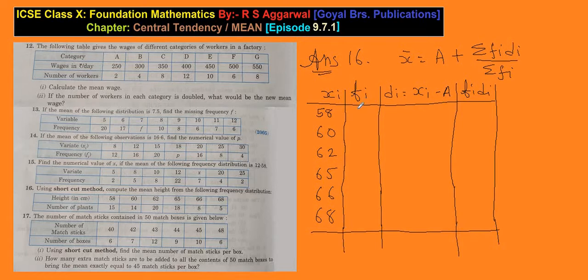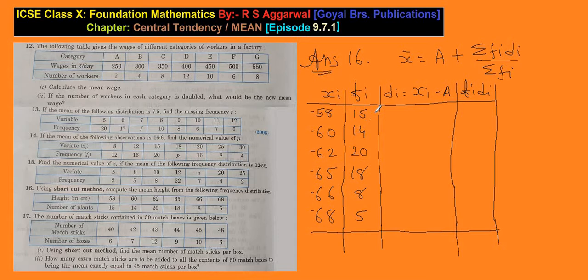For fi, the frequency for 58 is 15, then 14, 20, 18, 8, 5. Now count how many observations we have: 58 with 15, 60 with 14, 62 with 20, 65 with 18, 66 with 8 and 68 with 5. The total number of groups is 6.